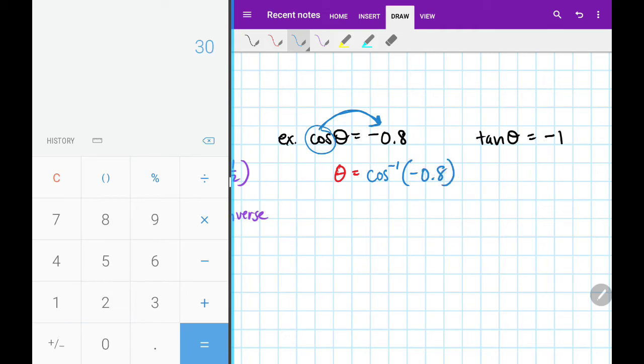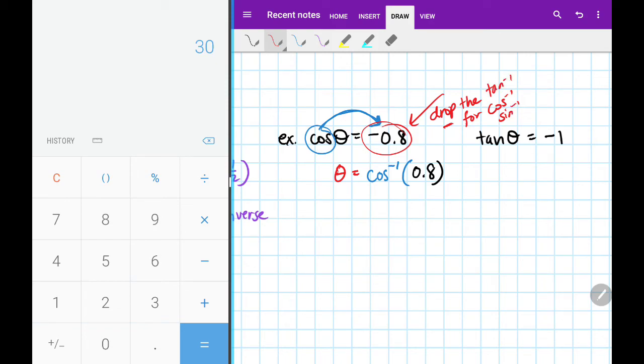I just want to let you know right now, as before, when we're doing math with these with the negatives, we're just going to drop the negative, because the calculator actually kind of freaks out when you put a negative here. So make a note: drop the negative when using cosine inverse, sine inverse, and tan inverse.